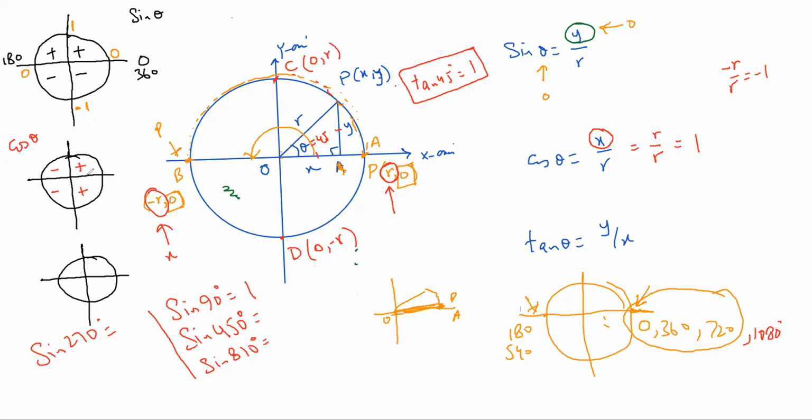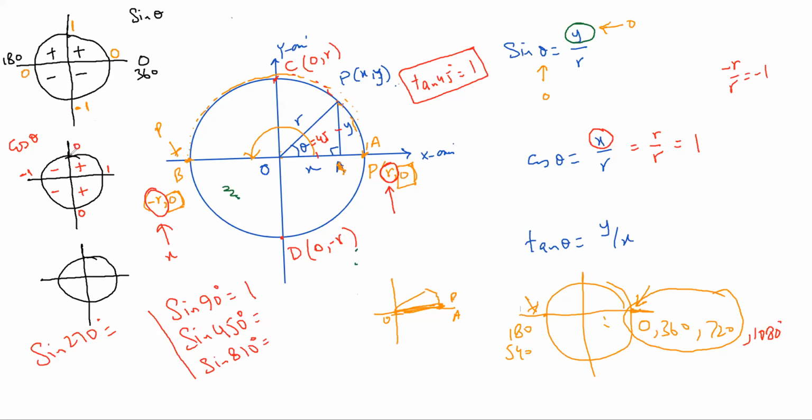Now this is the cos theta here. You must be clear why cos theta is positive in these two quadrants. Because the x is positive in the first and the fourth quadrant.